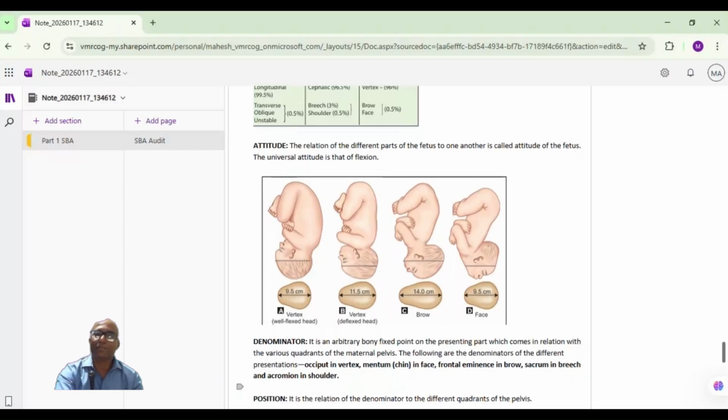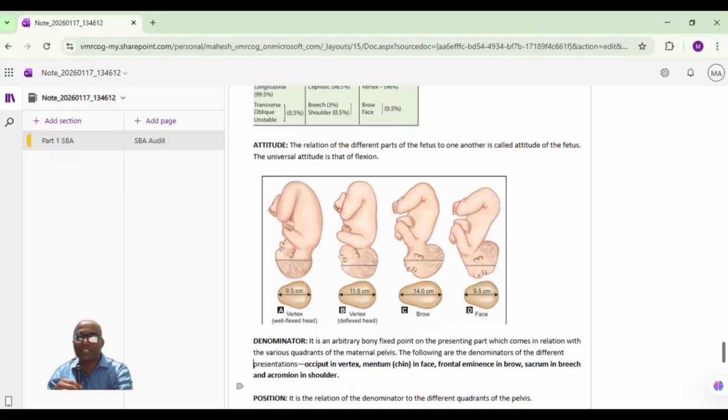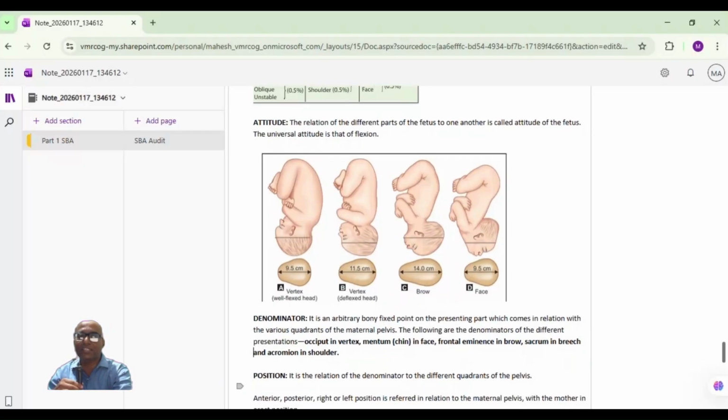What is the denominator in shoulder presentation? So you should know: occiput in vertex presentation, mentum in face presentation, frontal eminence in brow, sacrum in breech, and acromion in shoulder presentation. So these are the denominators.